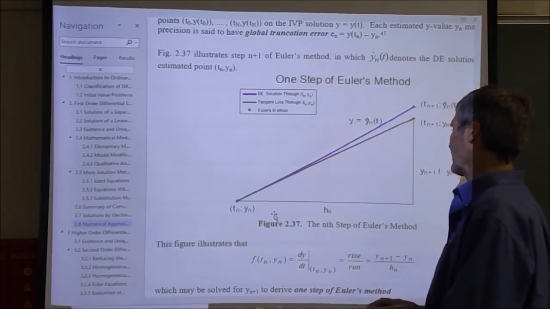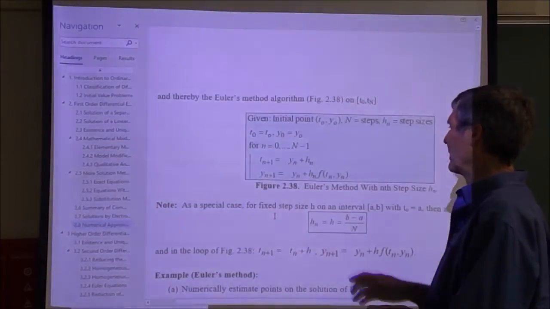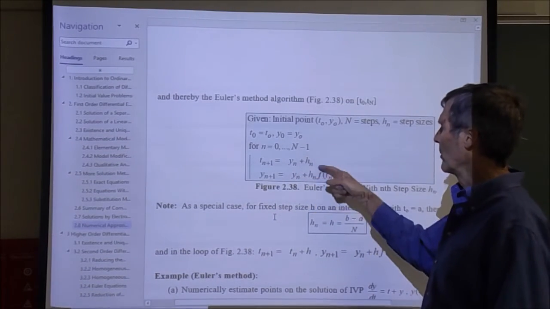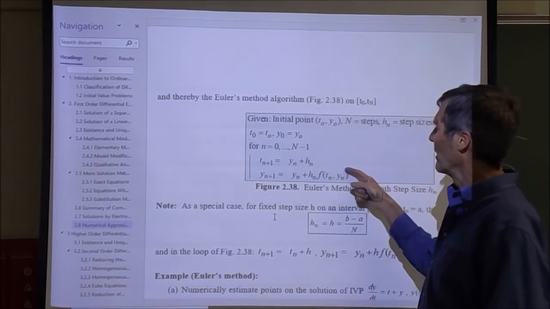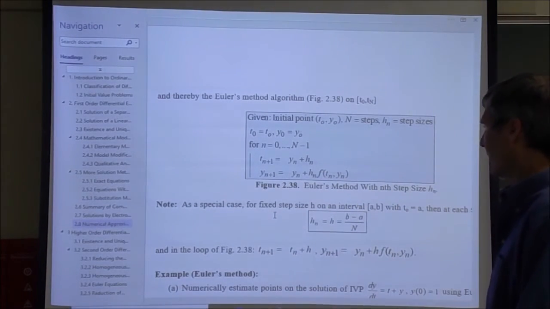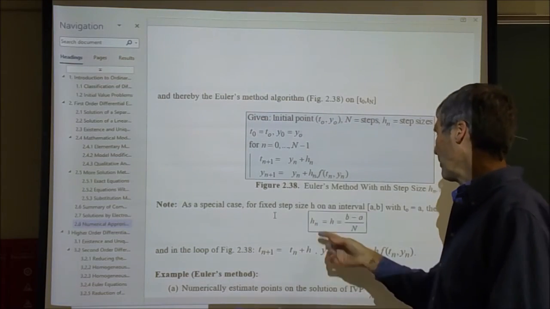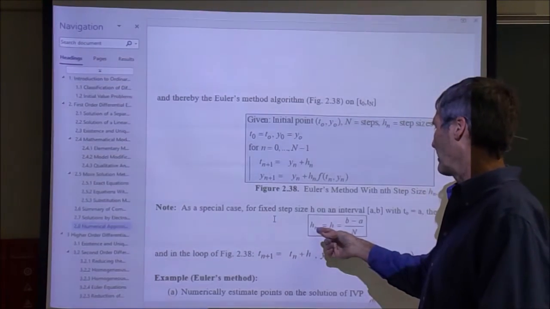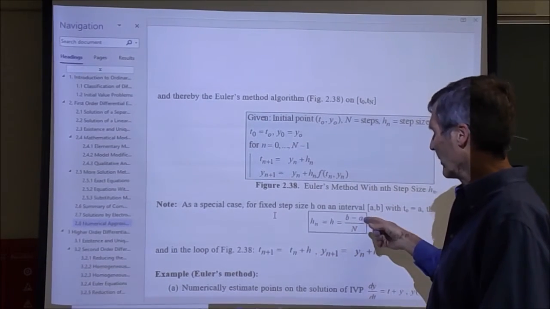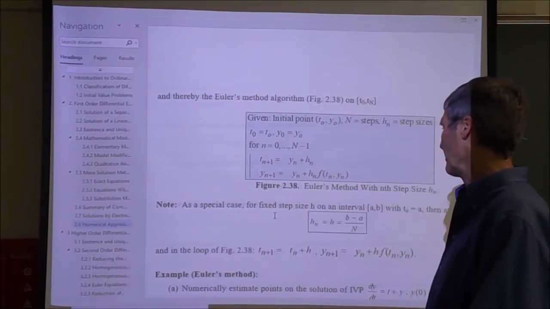So that's what Euler's method is doing with this step, saying the next y value ought to be the run times the slope of the tangent line, which gives you the rise. All right. The most important case is you choose each step size hn equal to a constant h, which is b minus a over n, the length of your interval divided by the number of points.